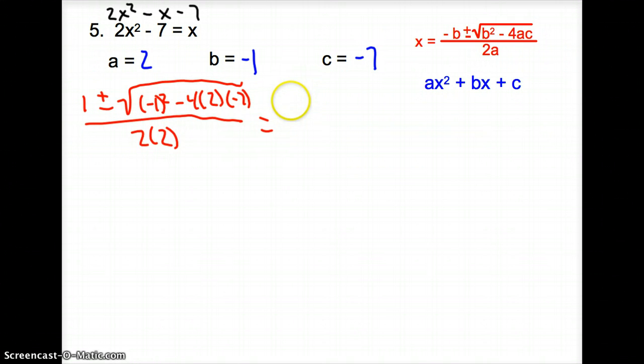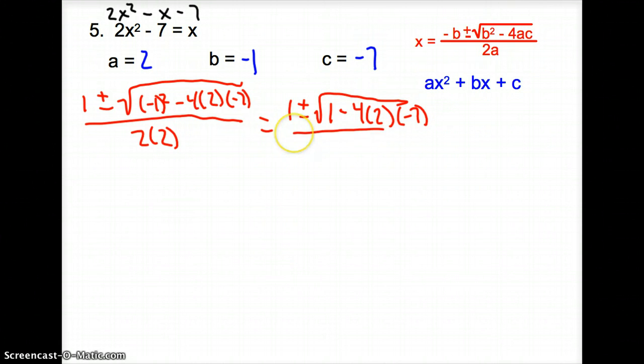Simplifies to 1 plus minus the square root of, we have to be careful when we square a negative, so it's -1 squared is 1 minus 4 times 2 times -7. Remember, all over 2a, which is 4.